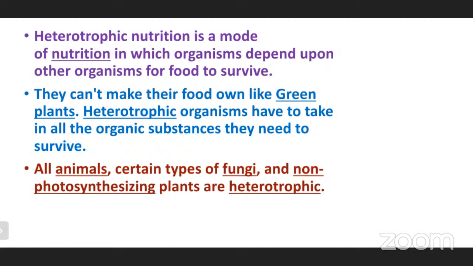Plants are divided into different types, but all plants are producers and prepare their own food material. Some non-photosynthesizing plants are heterotrophic. This point is very important, dear students, because there is no chlorophyll.